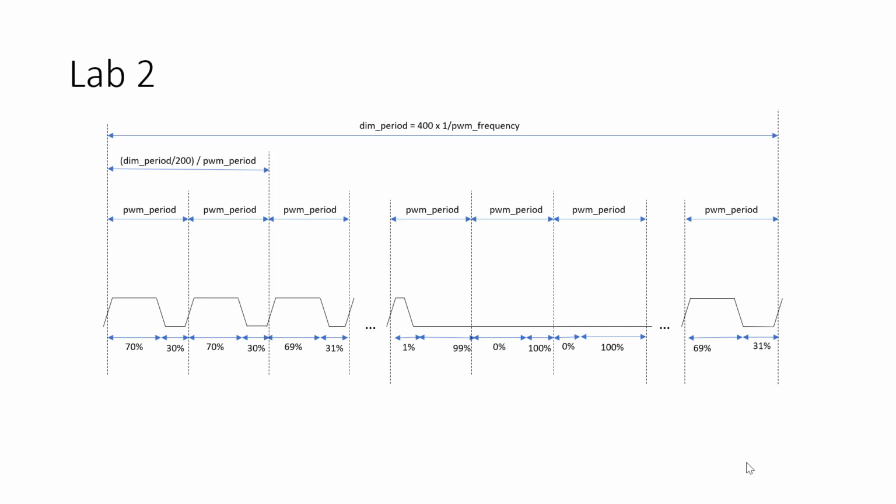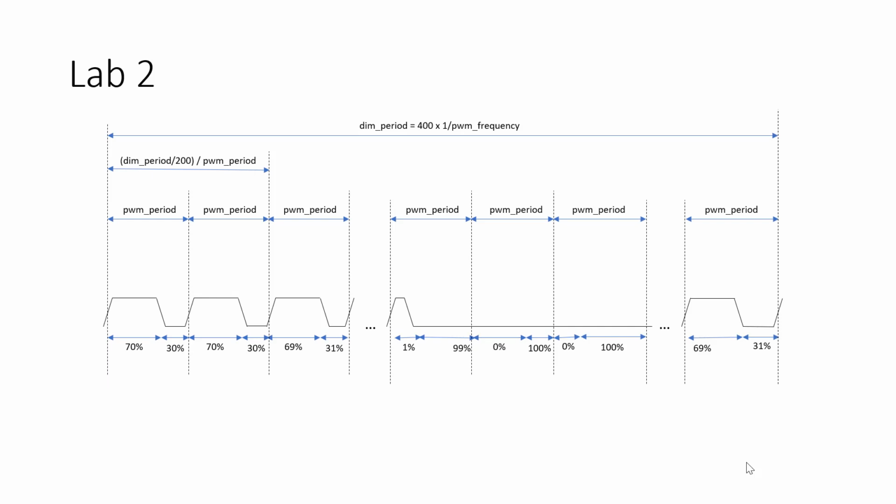But the point is that the dim period is generally going to be at least 200 times that of the PWM period and possibly more. So the trick for your code is to figure out how often to change the duty cycle as you're processing the PWM signal.